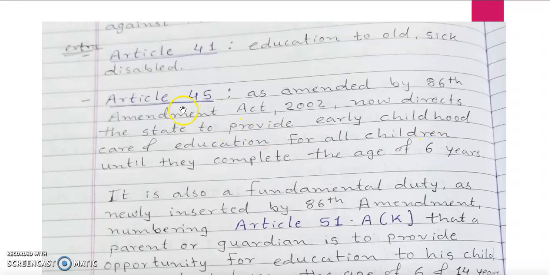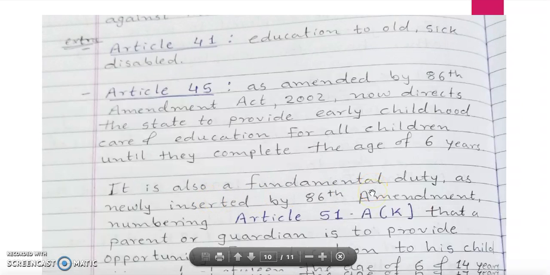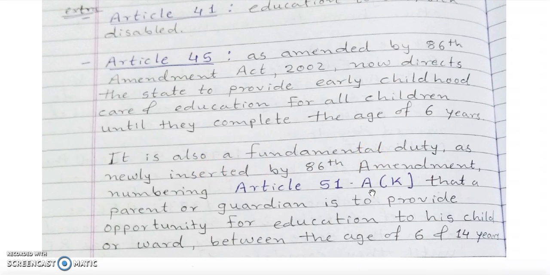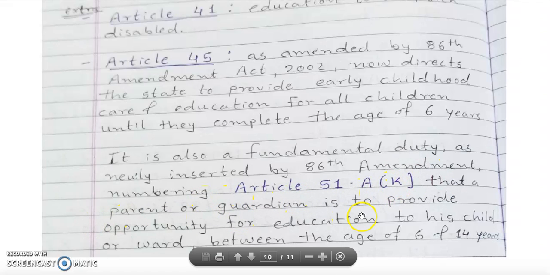Before, we discussed right to education from the age of 6 to 14 years, and this article directs the state to provide childhood care and education till the age of 6 years. It is also a fundamental duty, as now inserted by the 86th Amendment Act numbering Article 51A Clause K, that the parent or guardian is to provide opportunity for education to his child or ward between the age of 6 and 14.